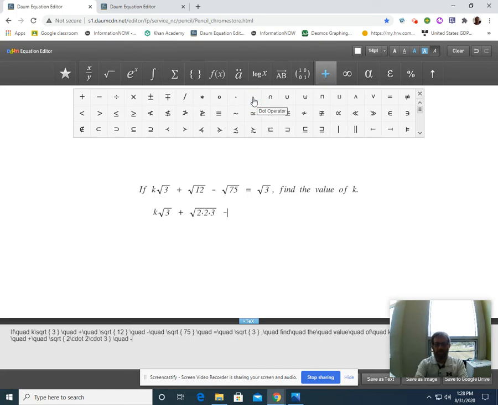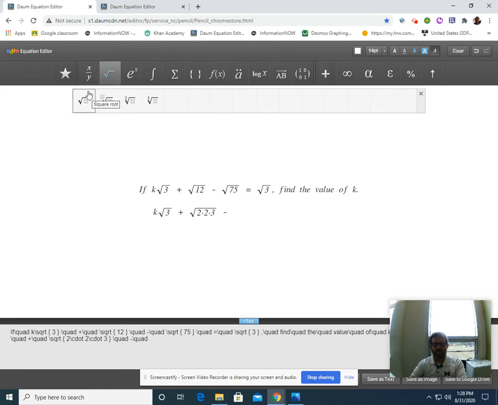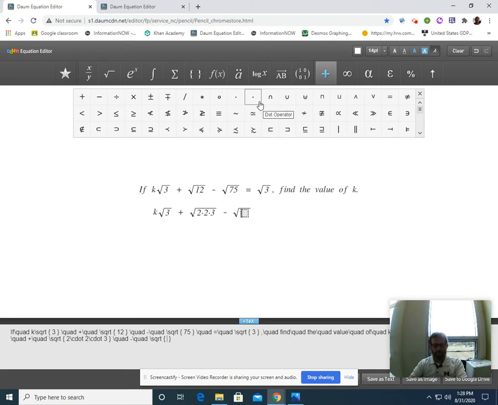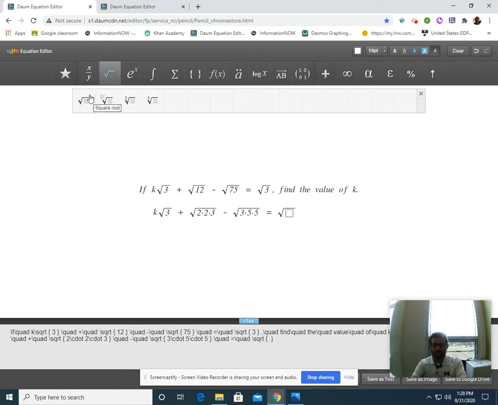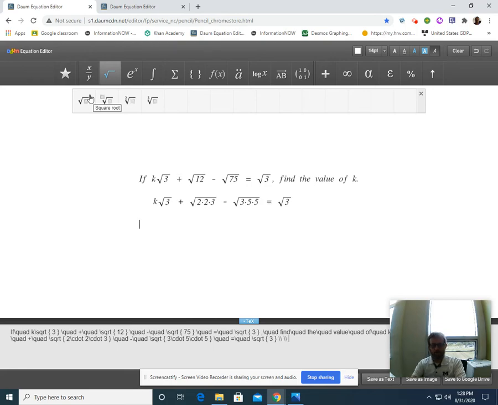And if you break down 75, that is 3 times 5 times 5. And of course, the square root of 3 can't be broken down. 3 is a prime number, so it's not going to go anywhere. Again, we still have k, and we still have the square root of 3.